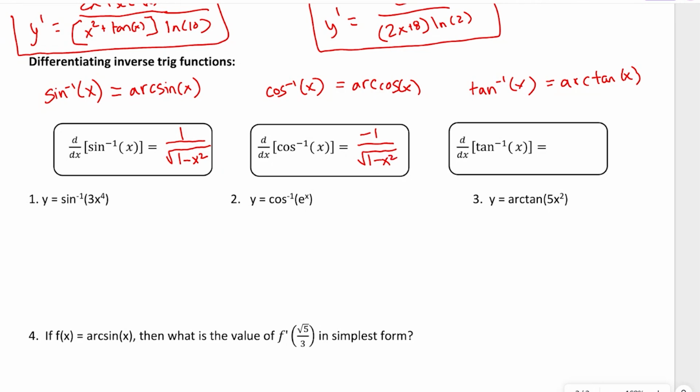One way that I think might help keep this straight is that the derivative of sine is positive cosine, and the derivative of cosine is negative sine. So the sine's derivative will be positive, whether it's sine or inverse sine. And the cosine derivative will be negative, whether it's the derivative of cosine or the derivative of inverse cosine.